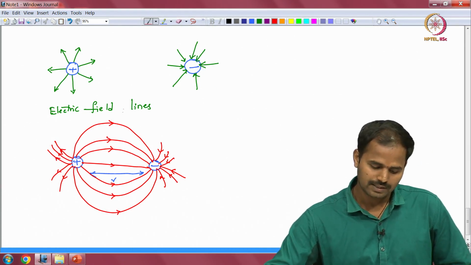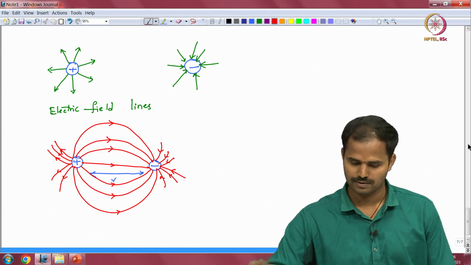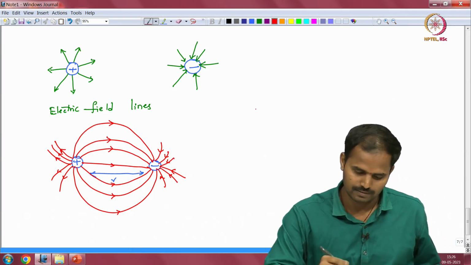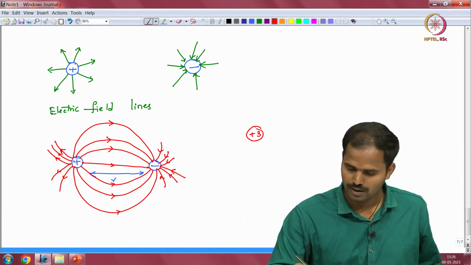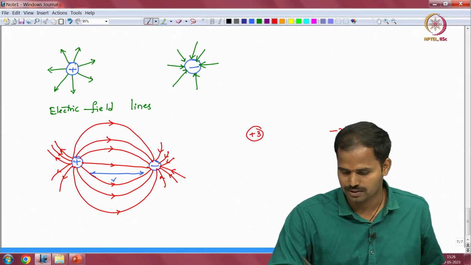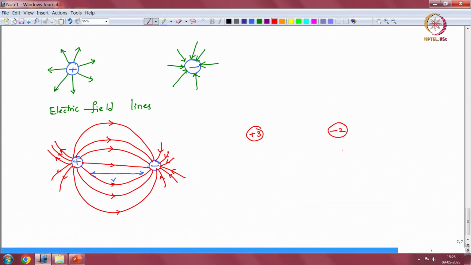Now, if I consider different magnitudes of the electric charges, let us consider here +3 charge and -2 charge. This is +2 charge and -2 charge. Okay. So, how do the field lines look?